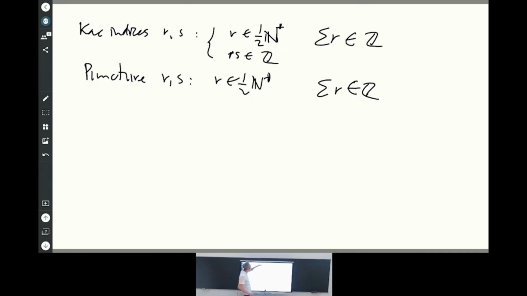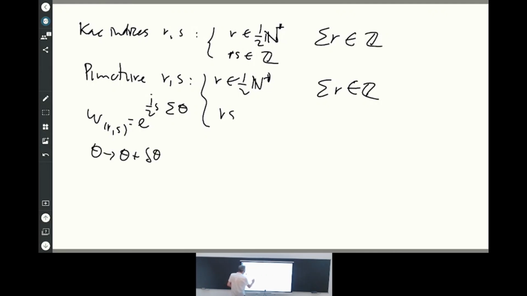So it's tempting to identify the R. And then what is R times S? In fact, you can see that R times S here is the conformal spin, and here it's also the conformal spin. Because the weight of my puncture was just e to the i over 2s, sum of thetas. If I do a rotation of all the angles, theta goes to theta plus delta theta, then under this rotation, W_RS picks up a factor e to the i RS delta theta.